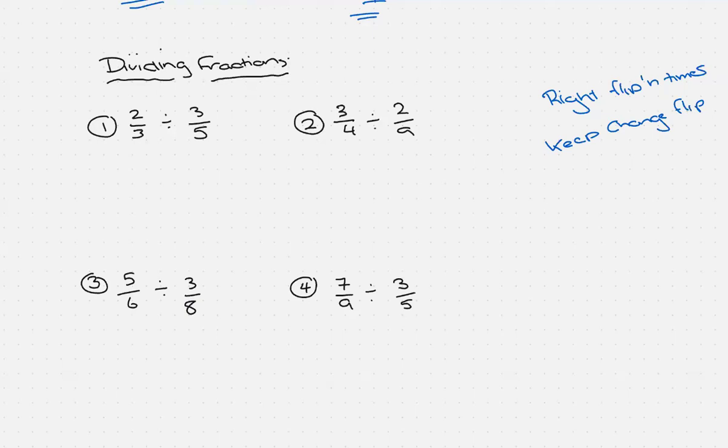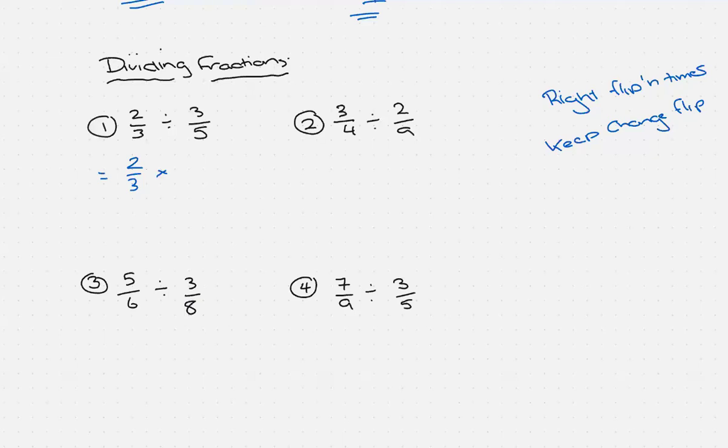In essence, with both, you're going to keep the left one as it is. The first one tells you you're going to do times instead of a divide, and this one says you're going to change the sign. So we've kept the first fraction, we've changed the sign, and we're going to flip the second fraction over.